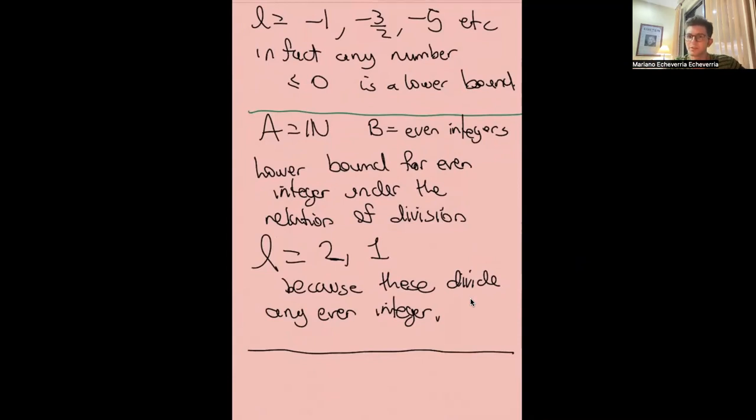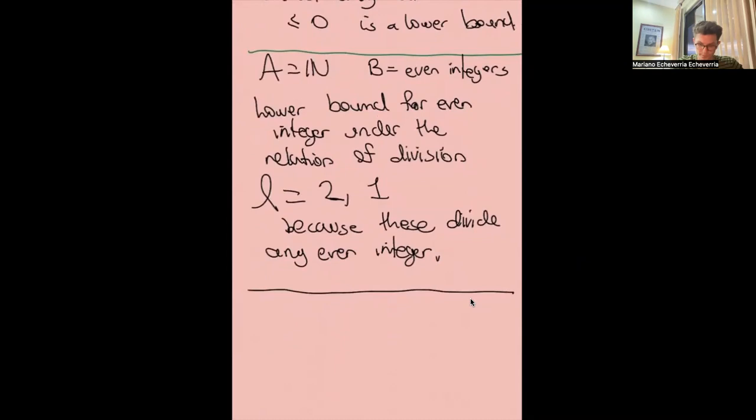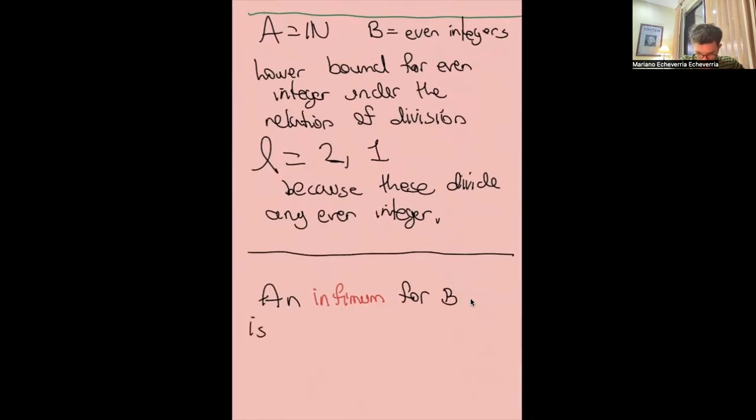And now this is related to the question of, can there be more than one lower bound? Yes, but there's one that's kind of the largest, and that's called the infimum. So the infimum for B is a lower bound.